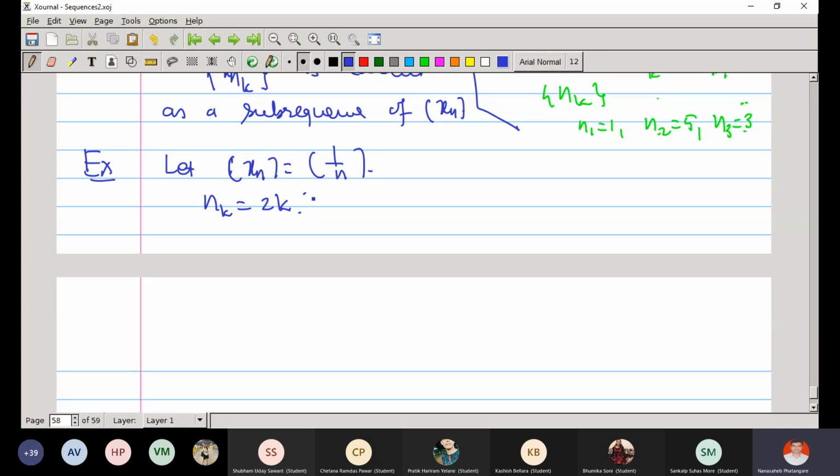Now can you tell me what are the terms of this sequence? k stands for position in the subsequence, and nk stands for the index in the original sequence, do you understand? So k is equal to 1. What is nk?